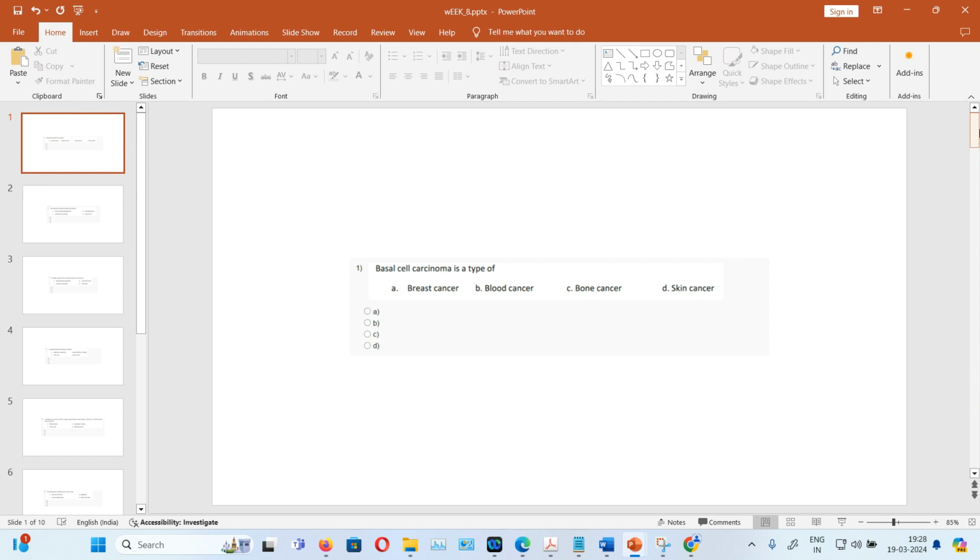Basal cell carcinoma is a type of breast cancer, blood cancer, bone cancer, or skin cancer. This was discussed in class: it is a cancer which can be dealt with using photodynamic therapy, and it is a type of skin cancer. So the answer to this question is option B, skin cancer.